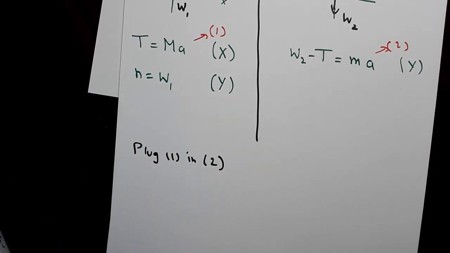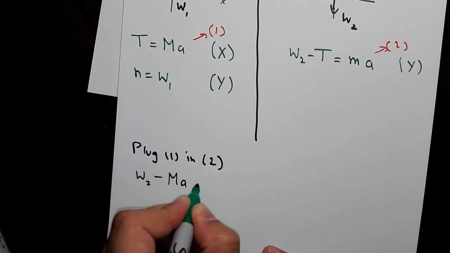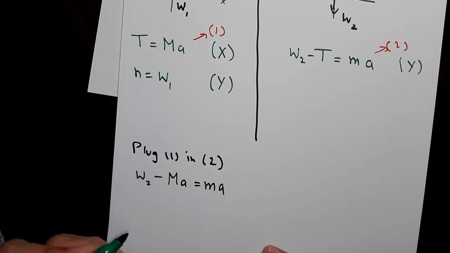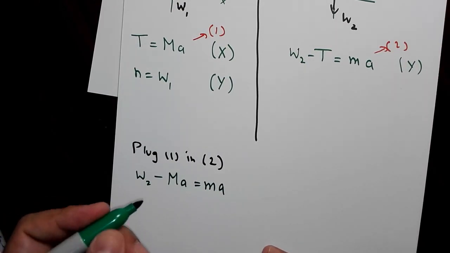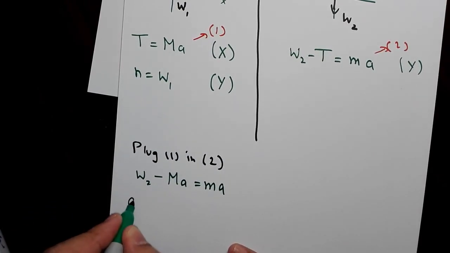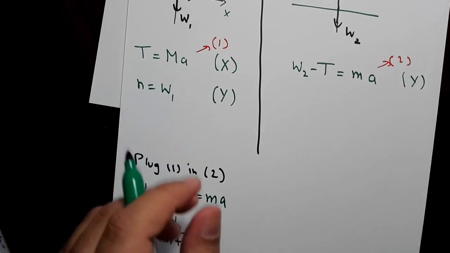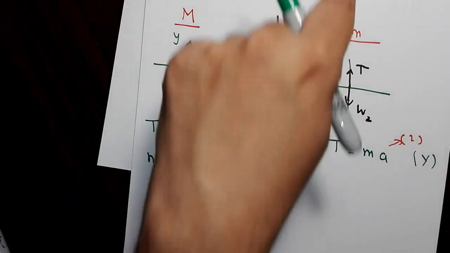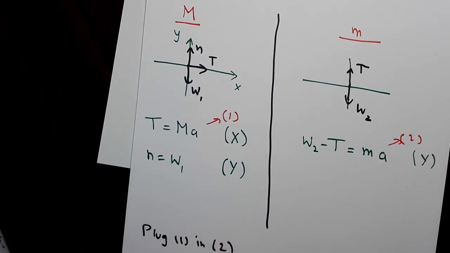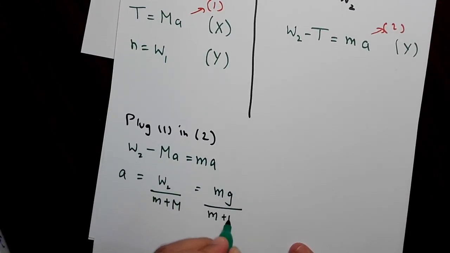We get W2 minus capital M A equals small m times A. So we need to find acceleration. You get A equals W2 divided by small m plus capital M, where W2 is the weight of the hanging mass. So it's mg over m plus M.